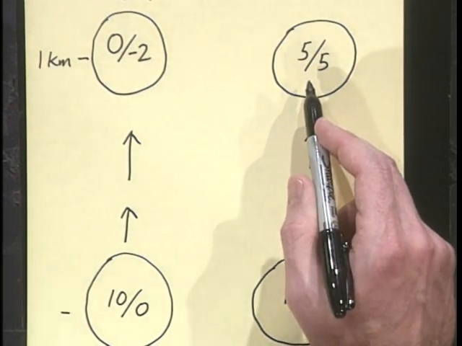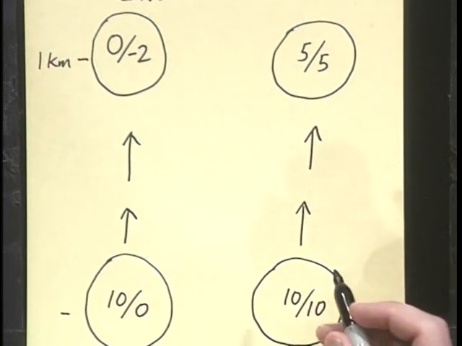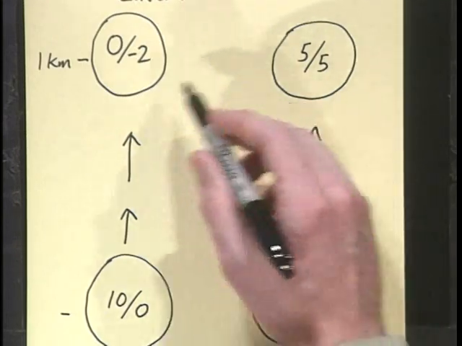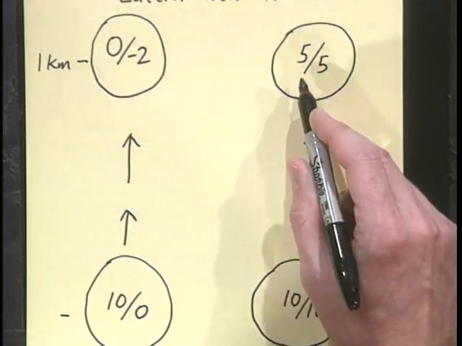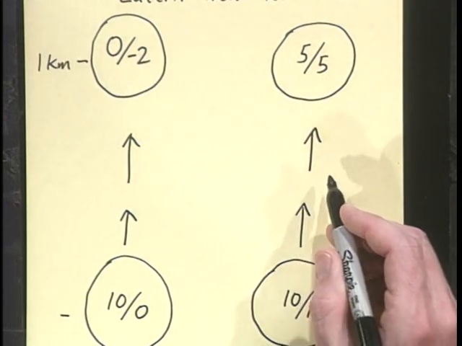So that's what I meant by a latent heat release process. It does not cool as much as it otherwise would. It did not cool all the way to 0 like this parcel did. It only cooled down to 5 because you had latent heat of condensation release in this parcel.